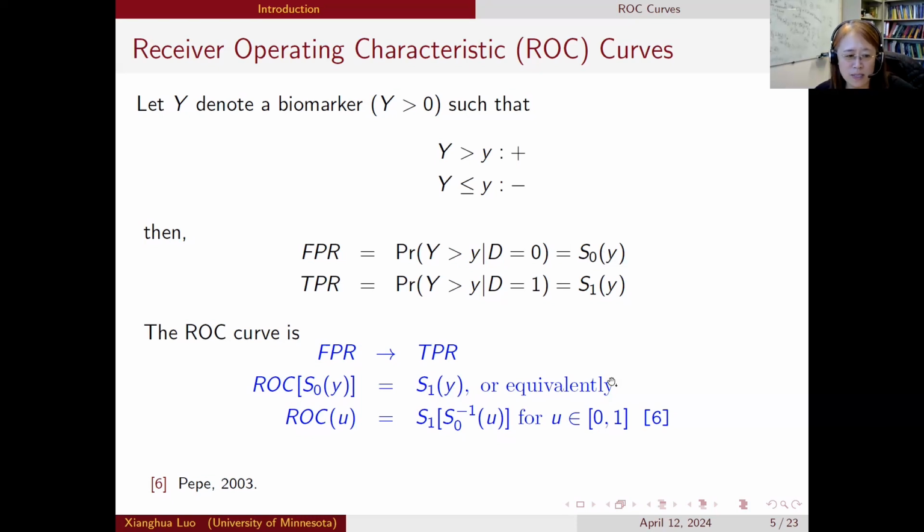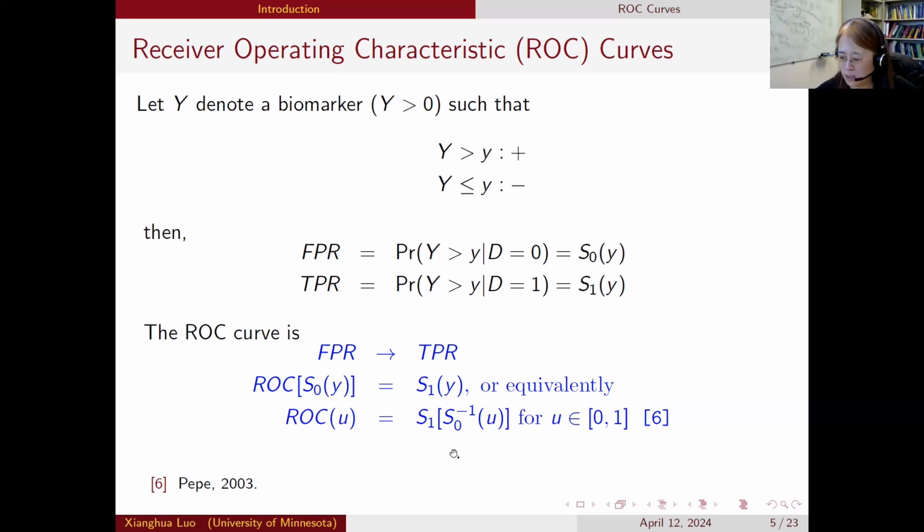Or equivalently, you can express the ROC function as ROC of U. If you let S sub 0 y equal to U and solve that equation, the little y will be just the inverse function of S sub 0 at U, right? So you can easily express the ROC curve formally like this.